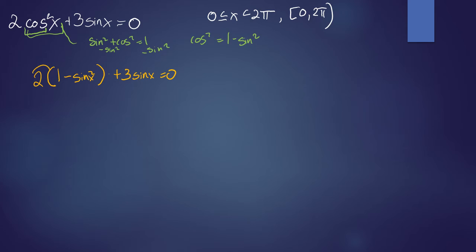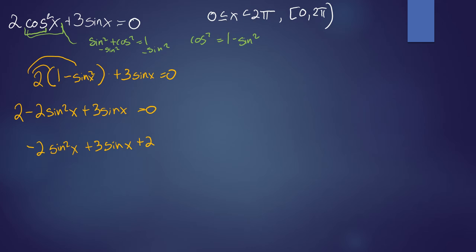So first we'll distribute. That gives us 2 minus 2 sine squared x plus 3 sine x equals 0. Rewriting it, we can say, let's do negative 2 sine squared x plus 3 sine x plus 2 equals 0.